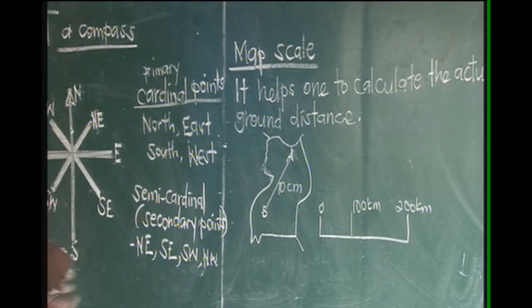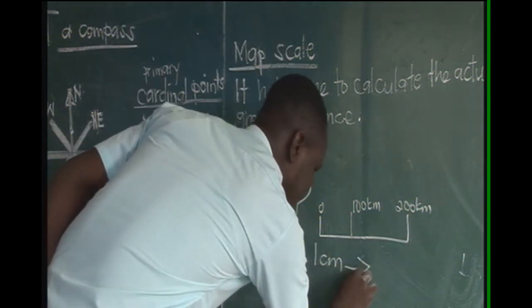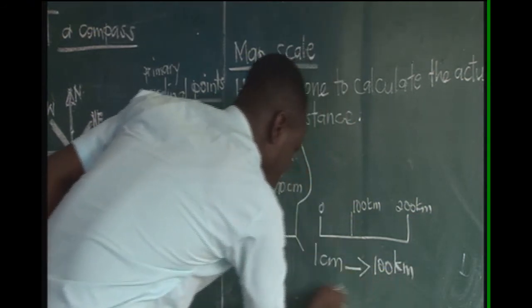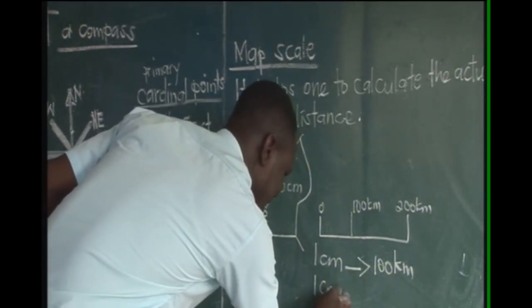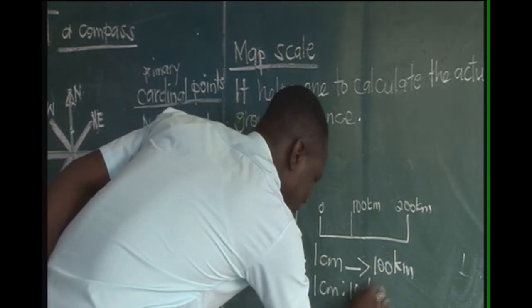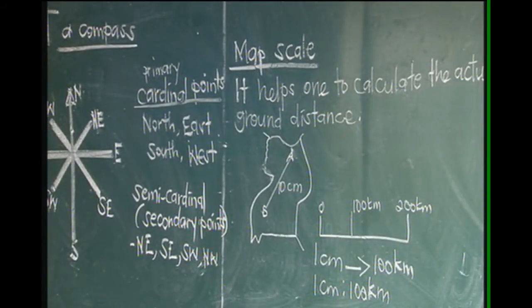It can also be written like this: 1 centimeter representing 100 kilometers, or 1 centimeter to 100 kilometers. Please, I want you to take serious note of that calculation.